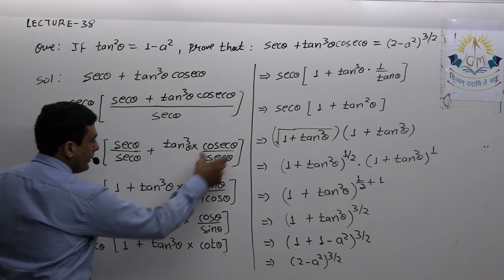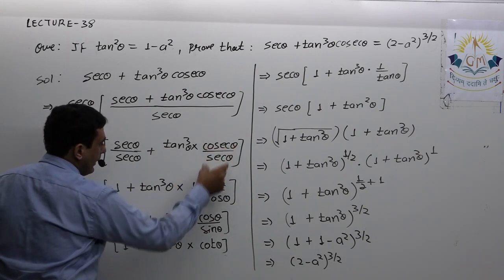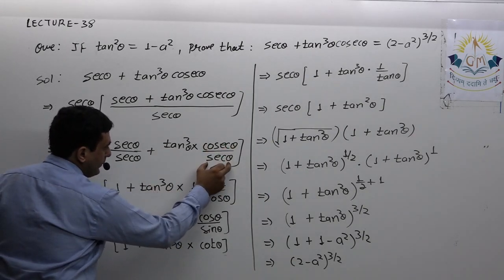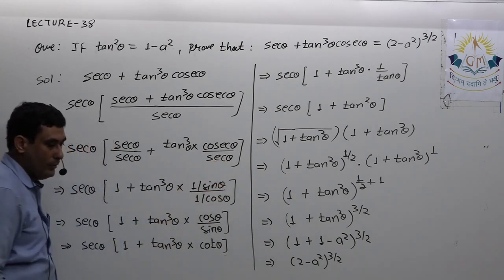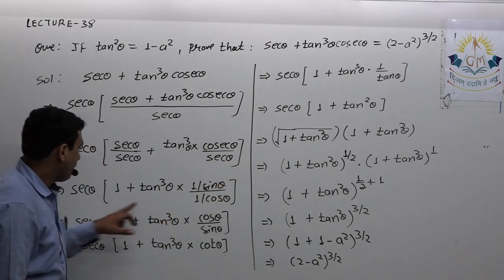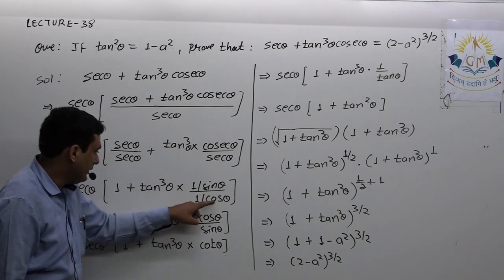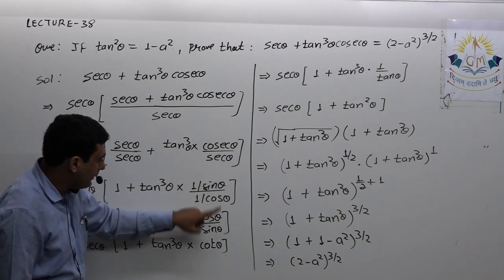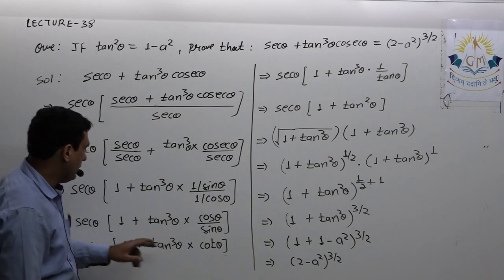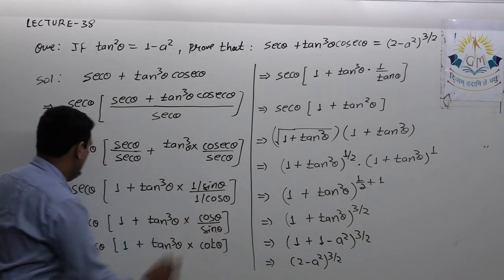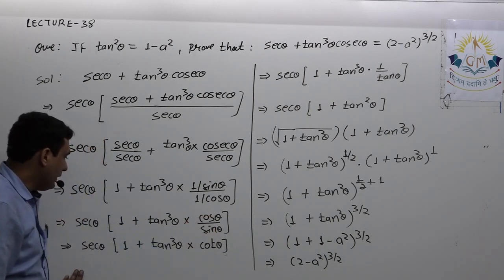Now in place of cosec theta I wrote 1 upon sine, and in place of sec theta I wrote 1 upon cos. On further simplification, this cos will come in the numerator, sine will come in the denominator. So here I got cot theta. Sec theta outside is as it is.